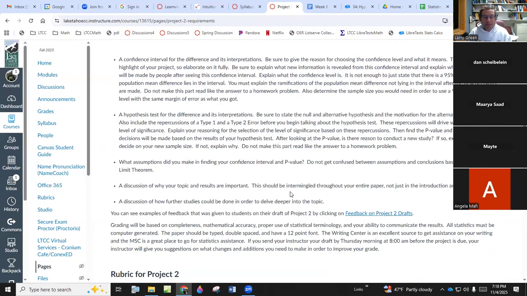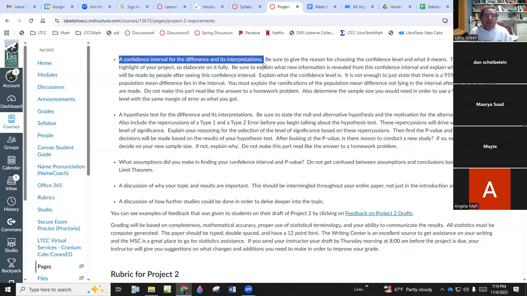Now comes the two main things that you're going to do in this project. One is the confidence interval. You can do a confidence interval for the difference and interpret it. Don't just use the template. The template is for a one-sentence way of saying something; here you can do full paragraphs.